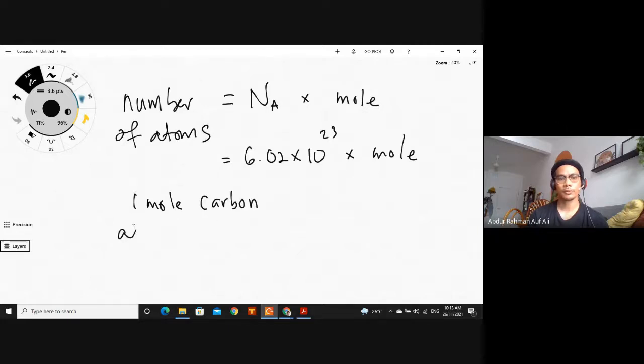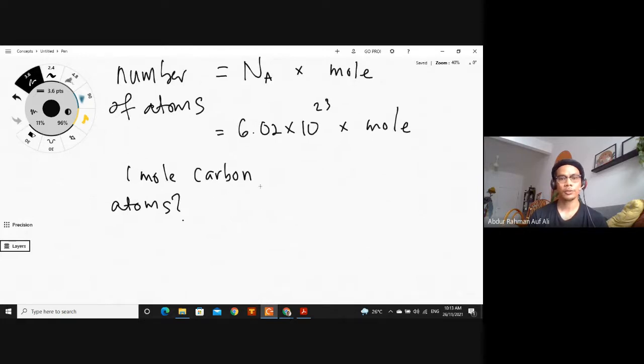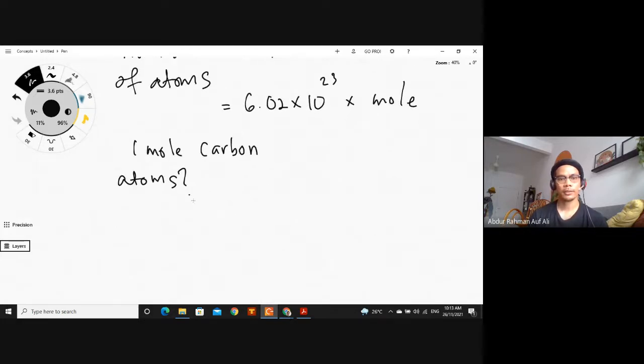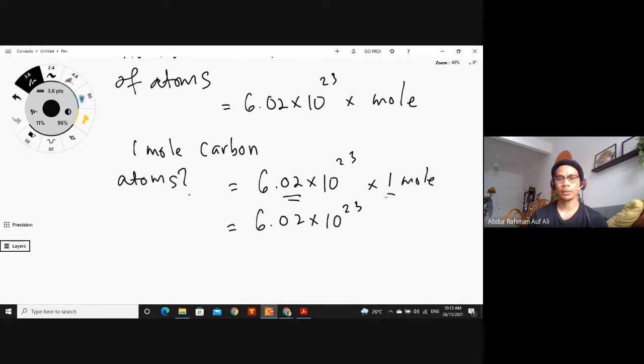So how many atoms do I have? How many carbon atoms do I have? So untuk jawab soalan ini, the atoms of carbon equals to 6.02 darab 10 kuasa 23 darab dengan 1 mol. So bilangan atom of carbon yang saya ada adalah 6.02 darab 10 kuasa 23. Because this value darab dengan 1 dapat baliklah this value. So I have this much carbon atoms.